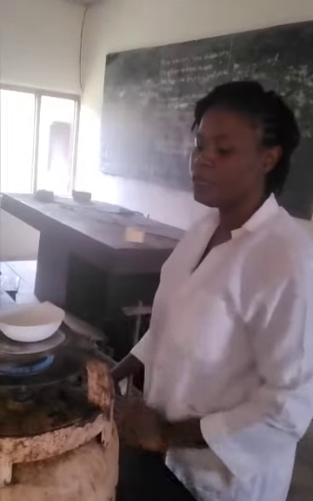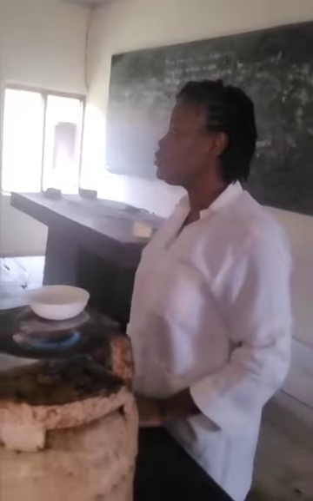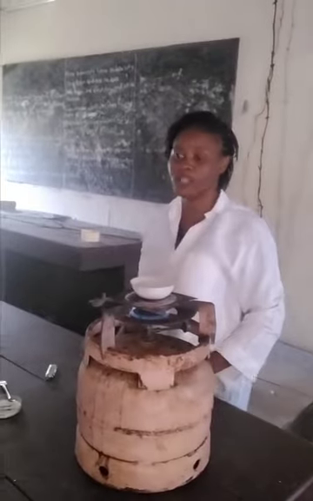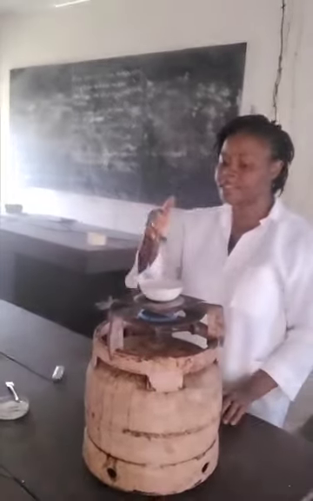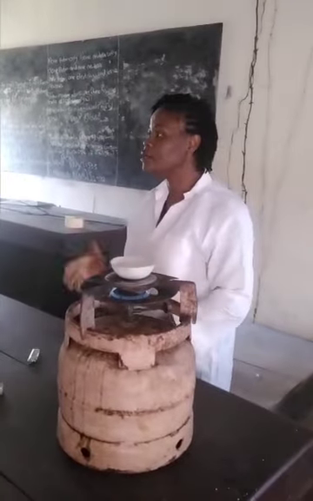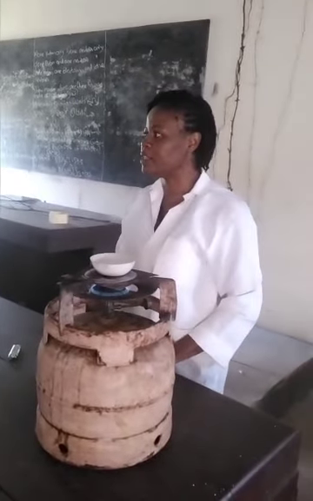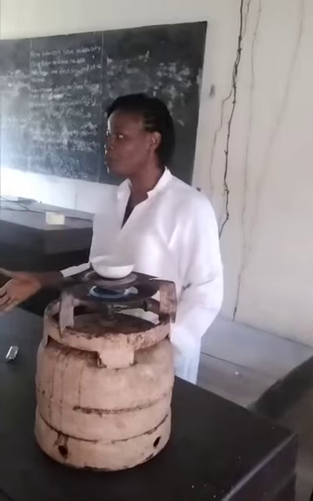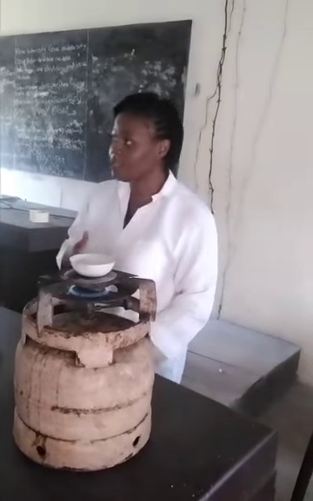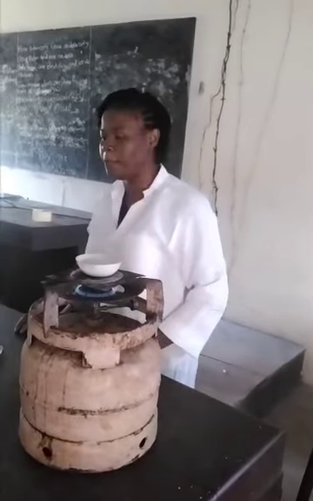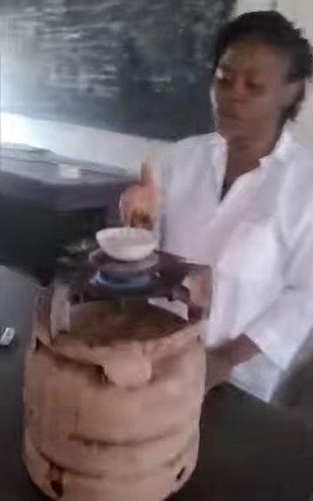So this method actually is used to separate a solid solute from a liquid solvent, okay? And you can see that this solid is soluble in the solvent, meaning it dissolves in the liquid. The solvent we have here is water, okay? So that's why we want to use this method.